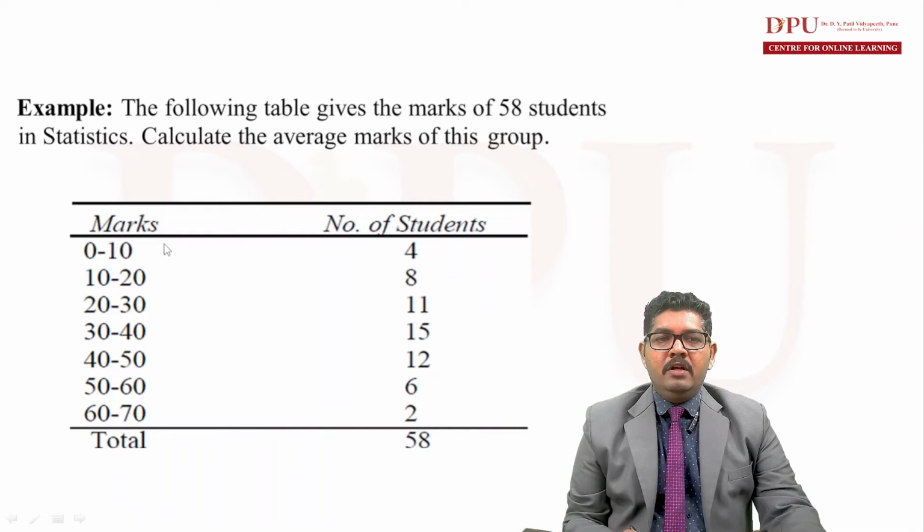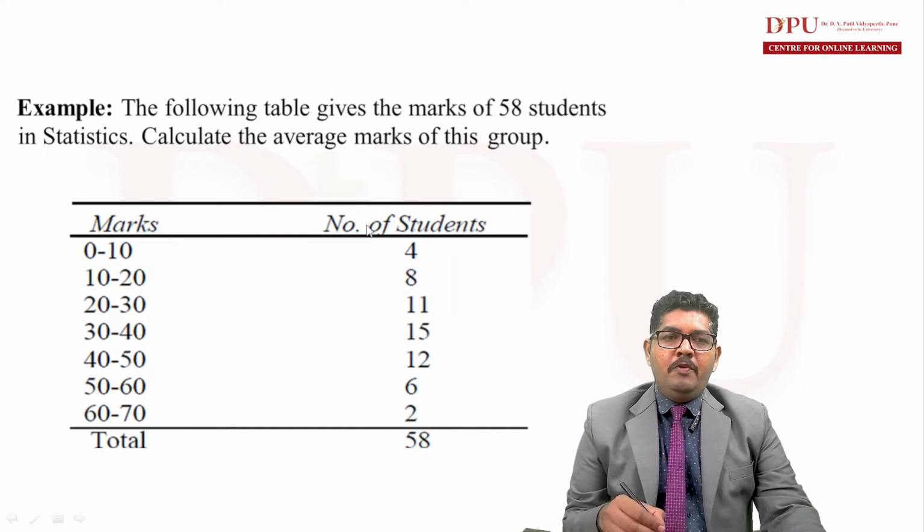So marks groups are mentioned here, 0 to 10, 10 to 20, because this is group data. It means that in this particular group 0 to 10 there are 4 students. In the range of 10 to 20 marks there are 8 students. 11 students got marks in the range of 20 to 30. So like this. So this is the grouped frequency distribution. So from this data we have to calculate the arithmetic mean.